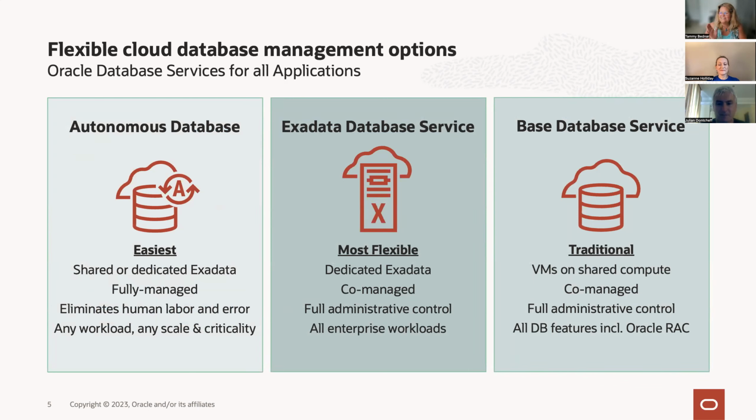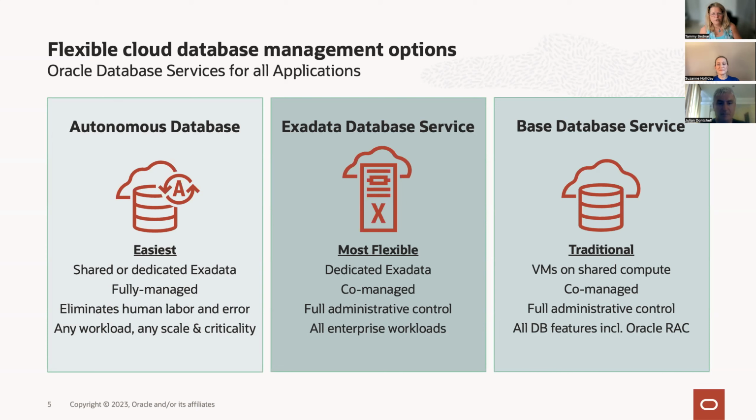Just as a really quick reminder, in case you don't know about our database options, starting on the easiest side of our cloud databases is Autonomous Database. It can run in a shared, or I should say serverless, environment, as well as a dedicated Exadata fully managed database system, and it eliminates a lot of human error.